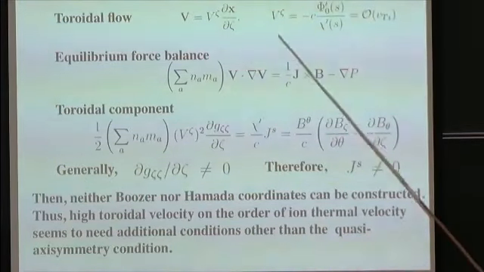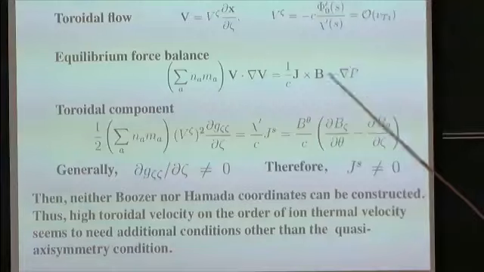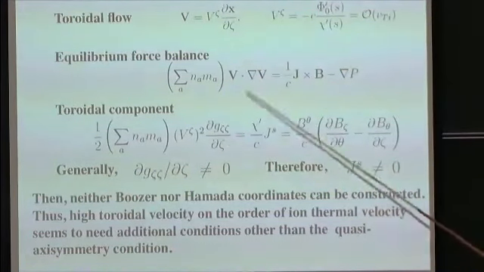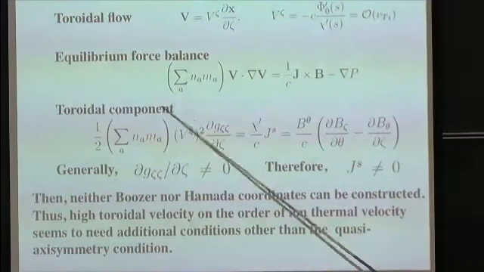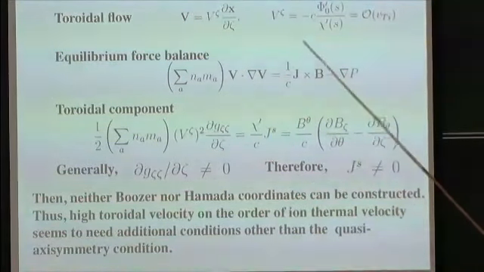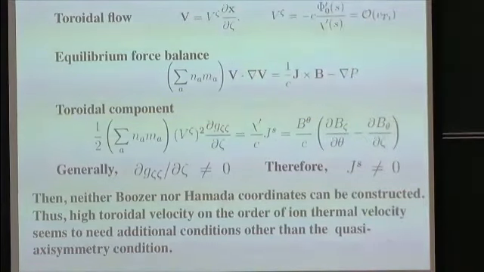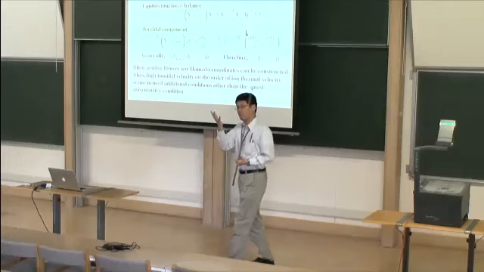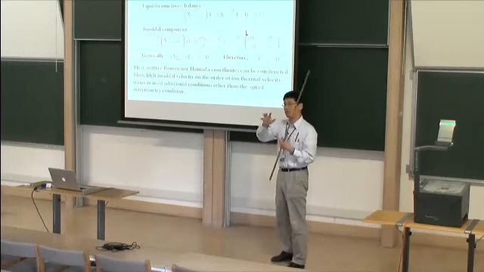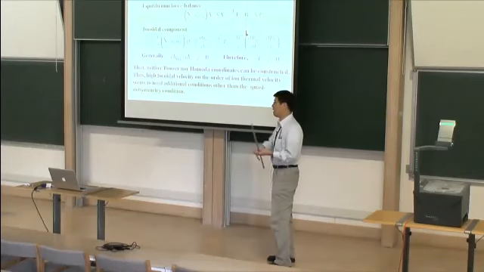In this case, we are considering not only this J cross B and grad terms, we have to include this inertia term in the equilibrium force balance. But the problem is if we take the toroidal component of this equilibrium force balance, we can get this. Okay, in the simple quasi-axisymmetry case, we just assume that the magnetic field strength is free of toroidal angle.